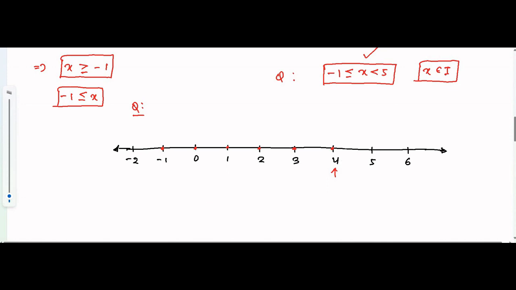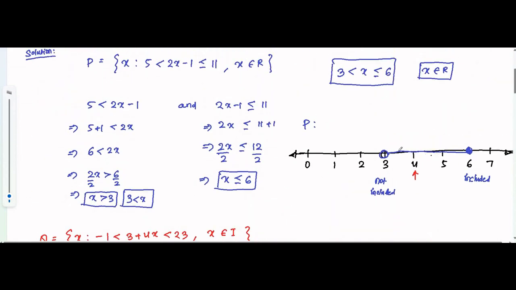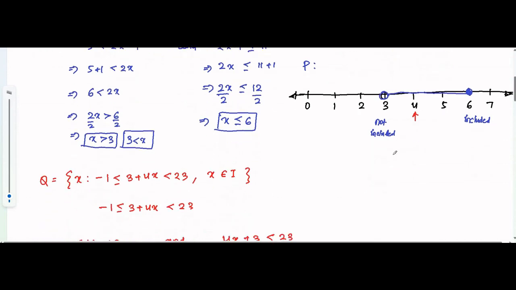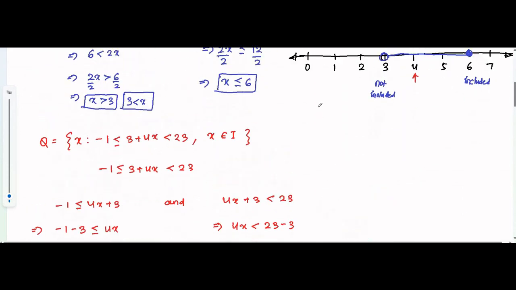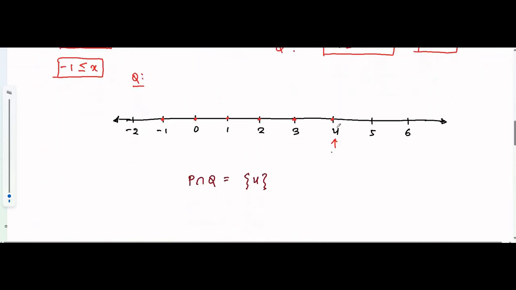The intersection solution P intersection Q is 4, nothing else, because fractional values are not allowed, since Q is for integers and P is for real numbers. So only 4 is the value common to both the solution sets. This is the intersection solution.